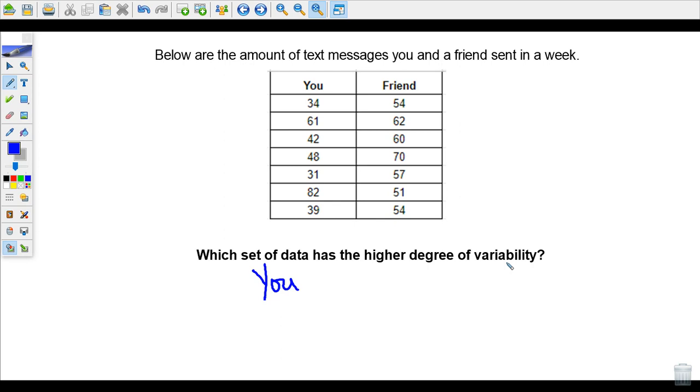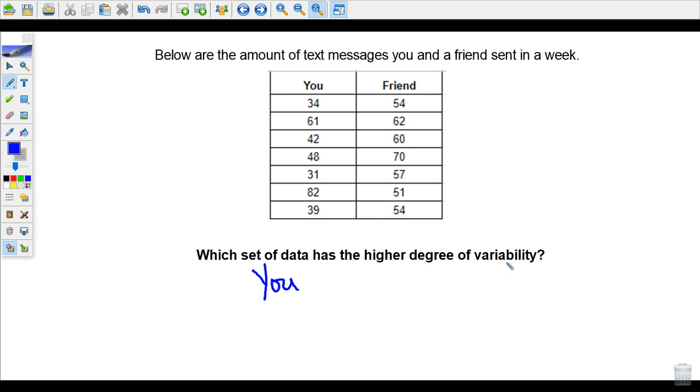So measures of spread, again, show us the variability and how far the data is spread out. Tying back into our last lesson, those measures of spread also help us identify which measure of center best represents the data set, whether that's mean or median.